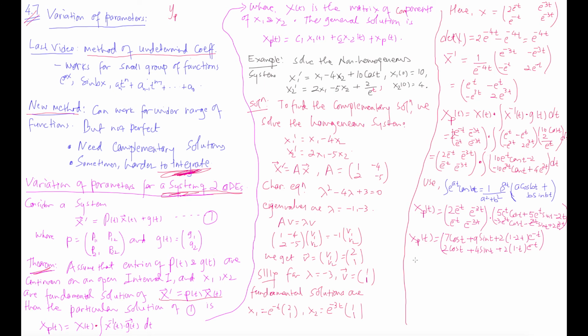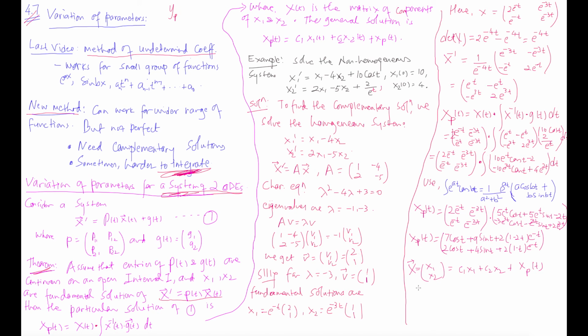So if you want to find the complete solution, what will be the x? This is how you write x equals x1, x2. So this will basically be c1 x1 plus c2 x2 plus xp(t), right? xp(t) is that thing. Now we want to find c1 and c2. So how do I find c1 and c2?